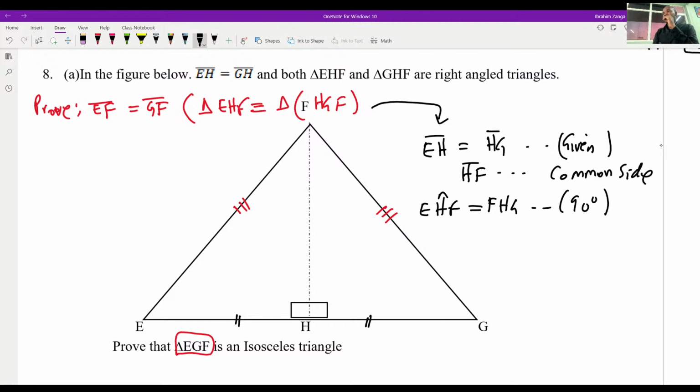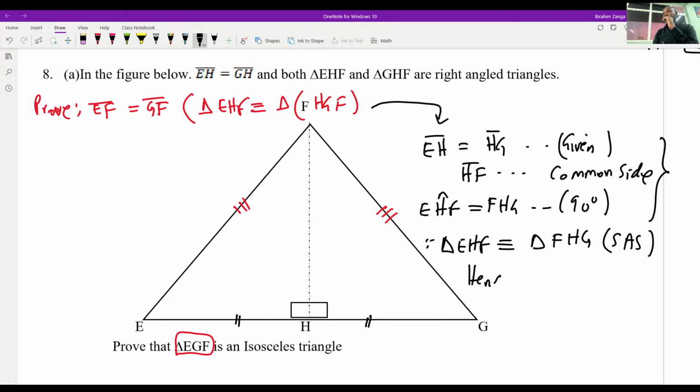So by these three details, we conclude that triangle EHF is congruent to triangle FHG, and this is by the side-angle-side congruence theorem.